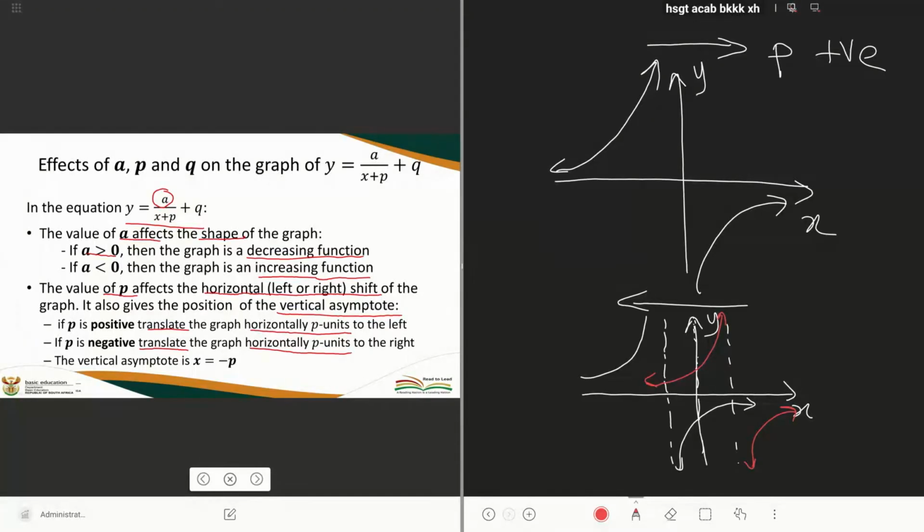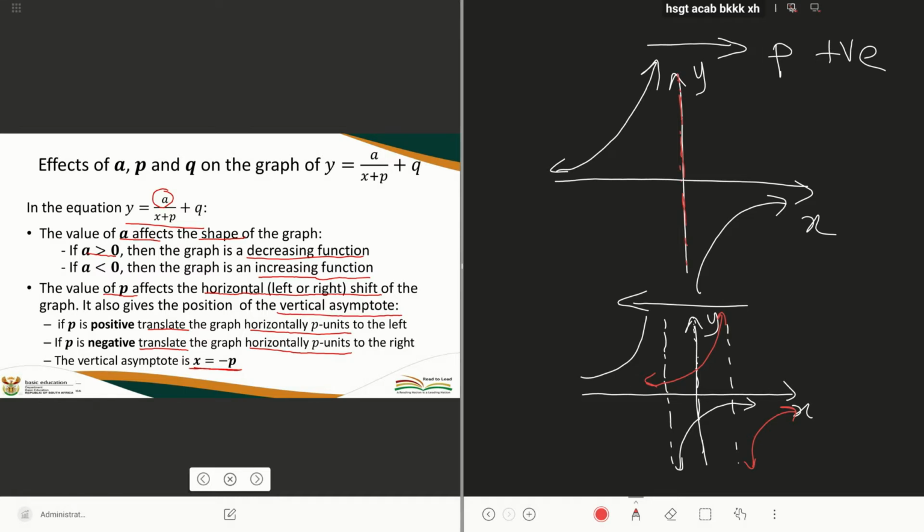Oh, also, before we move to the other parameters, the vertical asymptote is given by the equation x equals negative P. Because when P was equal to 0, we said that the asymptote was right on the axis. Now, if P is no longer 0, we are going to get a different position of this asymptote.